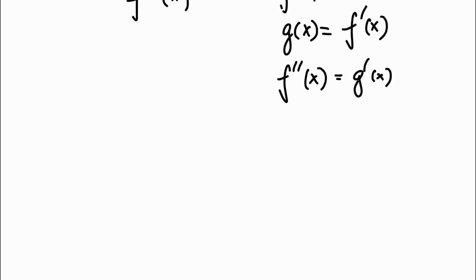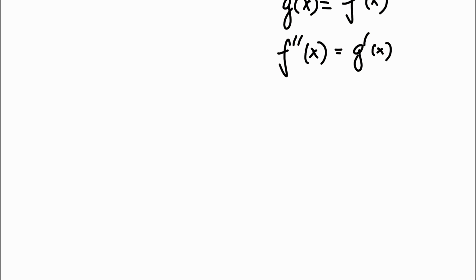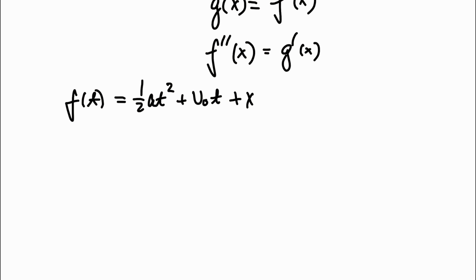Let's take a famous physics formula. Let's say that f of x is equal to 1/2 a t squared, because we usually use t in physics, plus v0 t plus x0.